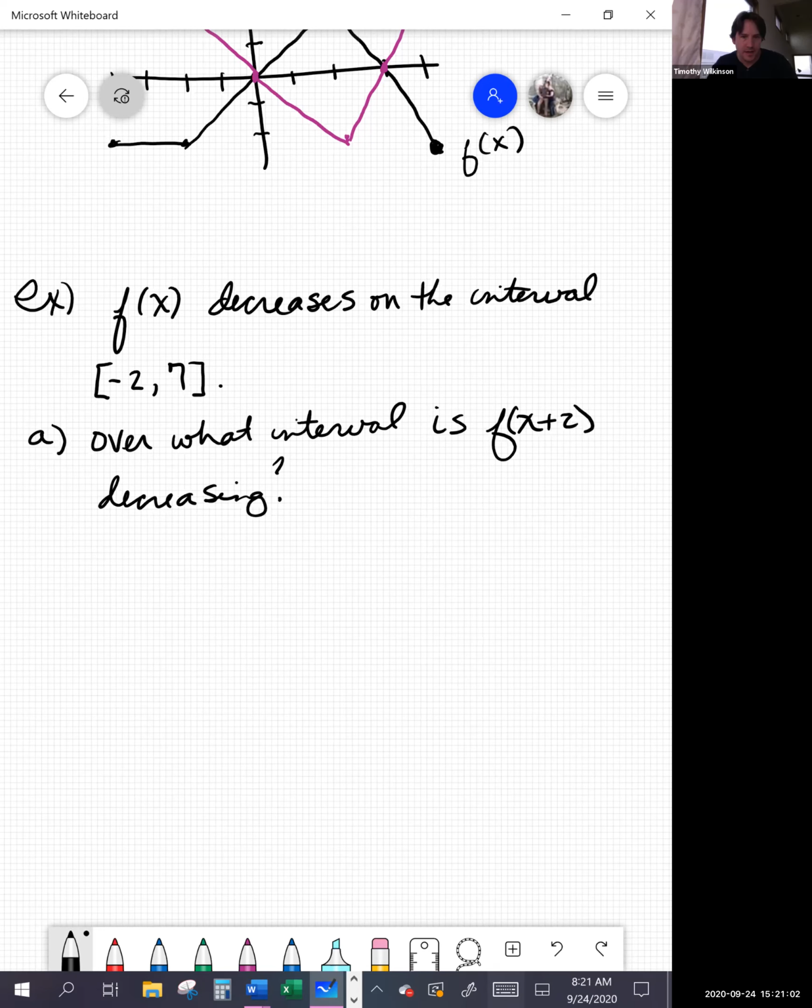So same thing, it's decreasing from -2 to 7, but over what interval then would f of x minus 5 be decreasing?